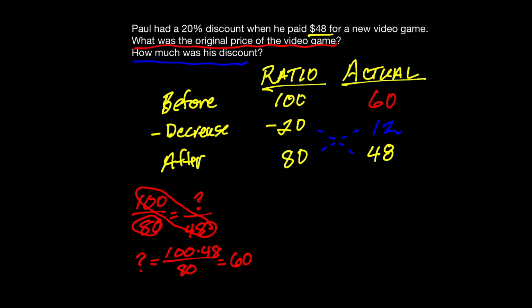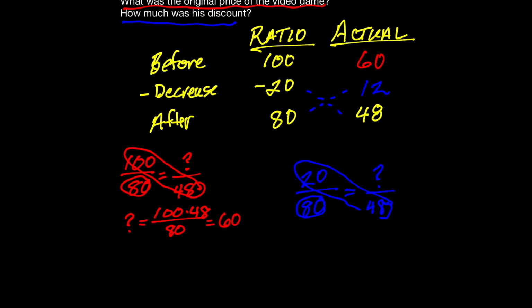So different people will do it different ways. So 20% is to, I could either do this is to 80 or is to 100, but I already dotted it out as an 80, equals what number over 48? So to do this, just multiply these two numbers and divide by the third number, the known factor. So I could say this question mark equals 20 times 48, and then divide that product by 80.